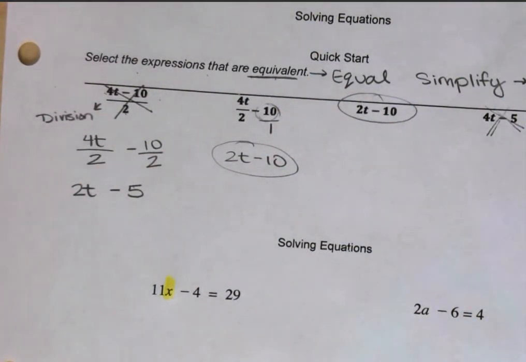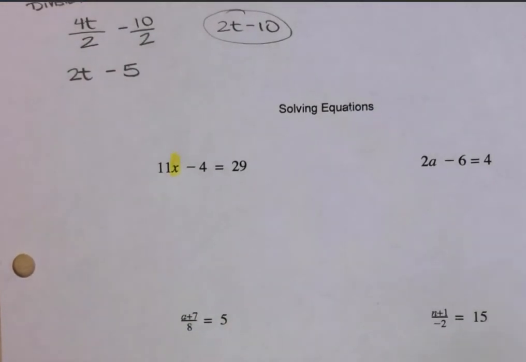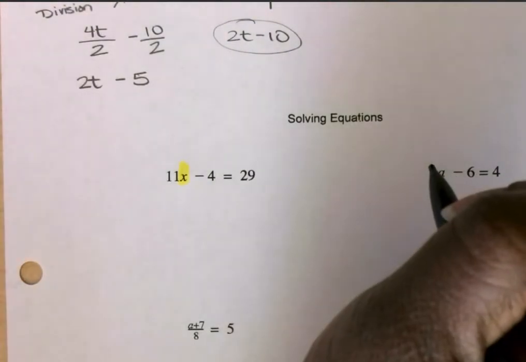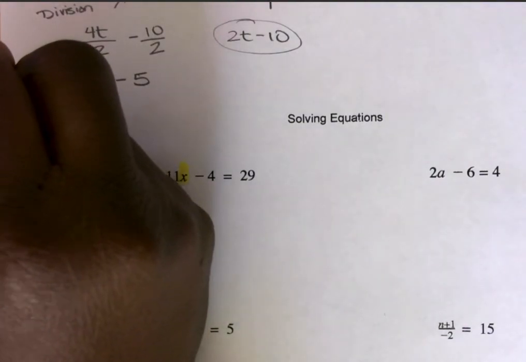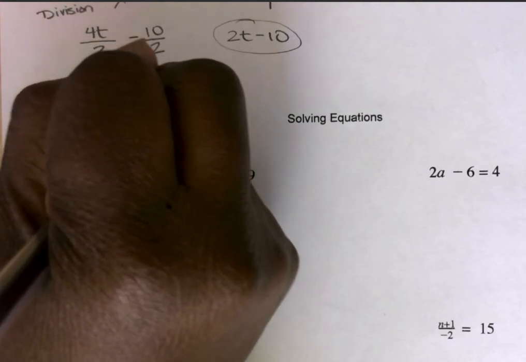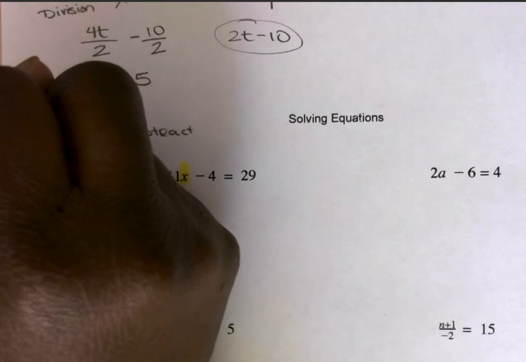You can use your colors if you like, but you always want to get the variable by itself. So imagine if we're going to do this, we're going to do SADMET, which means that we're always going to add or subtract first. Then we will multiply or divide.